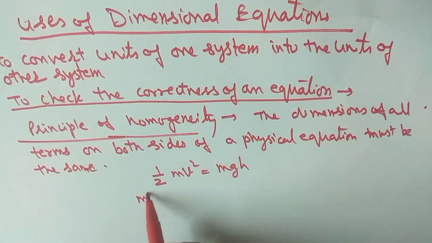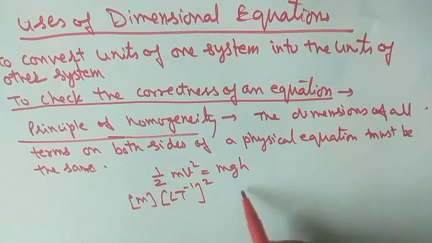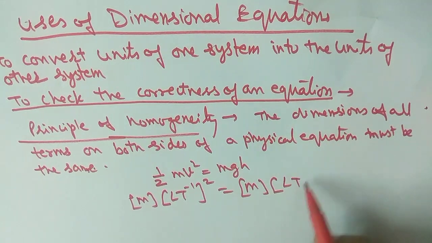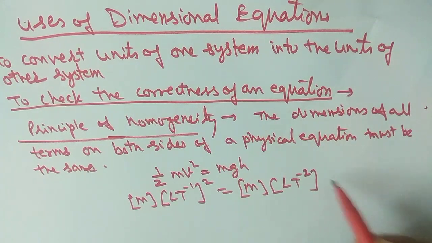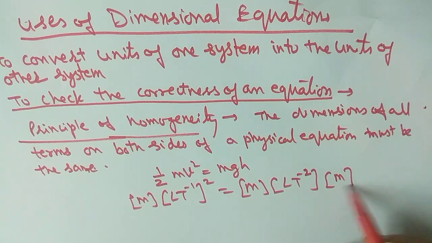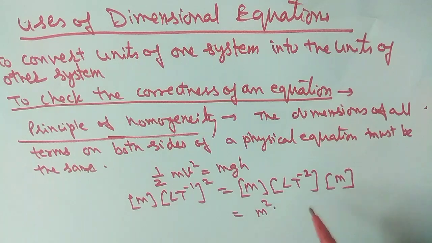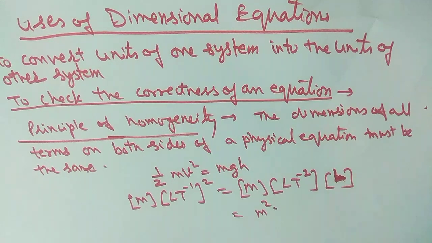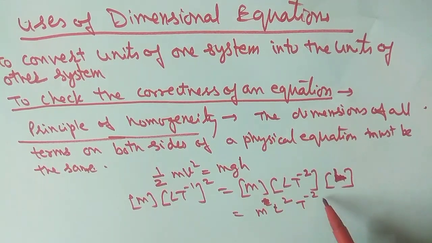You see, m is mass, v is speed, LT minus 1, and g is the acceleration due to gravity, LT minus 2, meter per second square, and the height is length, so it is ML square T to the power minus 2.